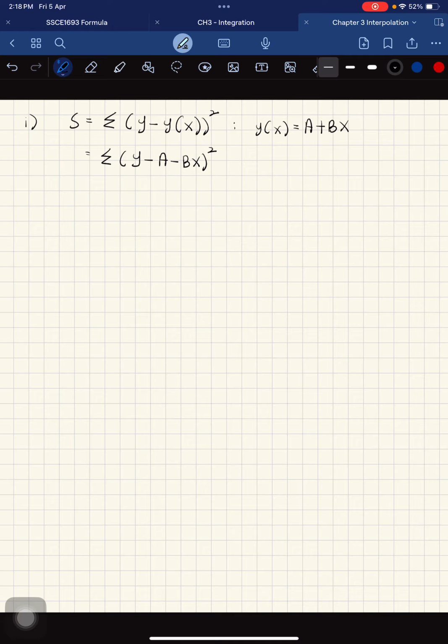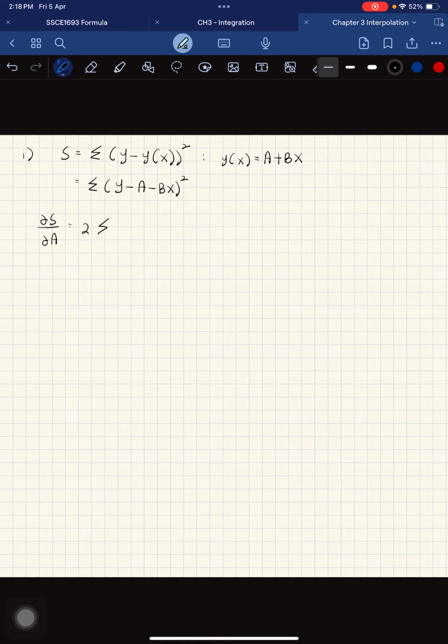Because we want to find the minimum value of S, you need to differentiate S with respect to a. So we get 2 summation (y minus a minus bx) times negative 1 equal to 0, and then differentiate again with respect to b, summation (y minus a minus bx) times negative x equal to 0.